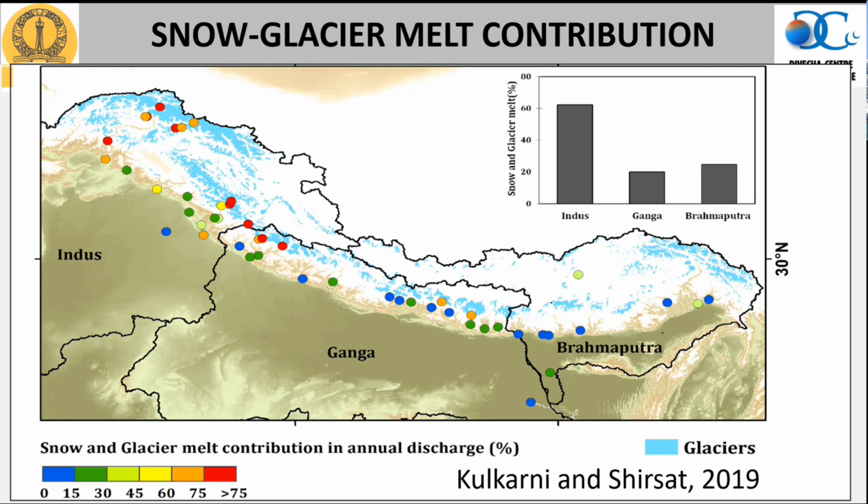Because of that, the snow and melt contribution is significantly higher in Indus Basin compared to the Ganga and Brahmaputra Basin, essentially because Ganga and Brahmaputra Basin receive a significant amount of precipitation during the monsoon time.